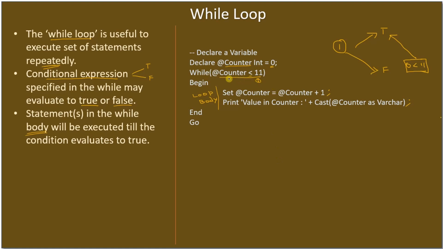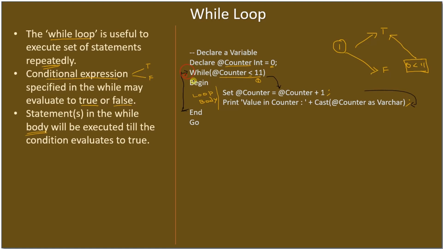So when the condition evaluates to true, we will enter from here to the first statement. Then we will execute the first statement. After that, we will go to the second statement, and after executing the final statement, we will go back to this conditional expression again.